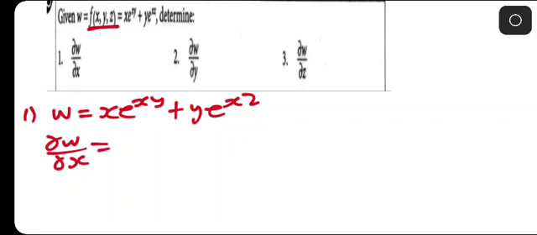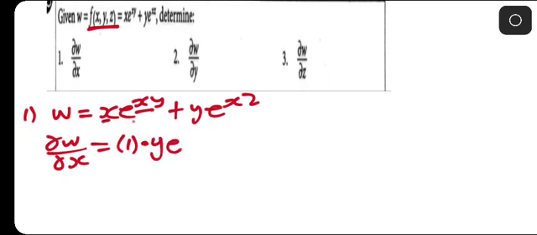Then here you check, we have x, so we're supposed to apply the product rule. I will differentiate the first: the derivative of x is 1. Then I differentiate this. Remember, you will have to differentiate the exponent. You multiply by the derivative of the exponent, whereby our constant there is y. We multiply this by y.